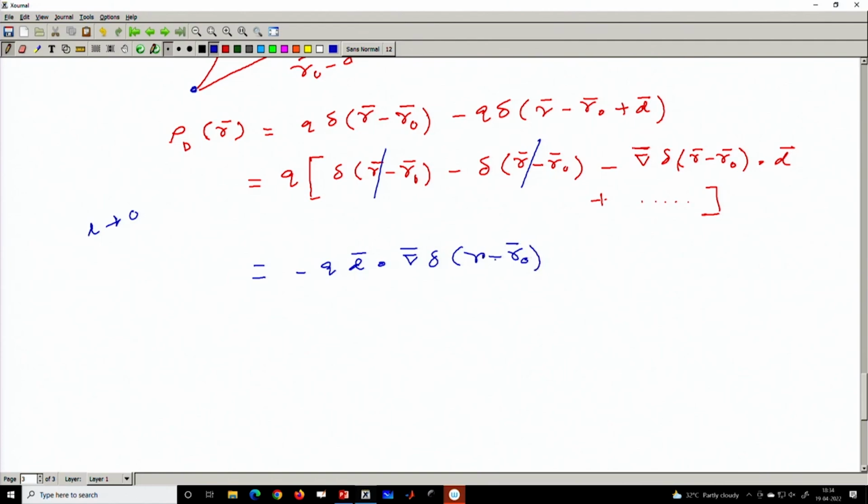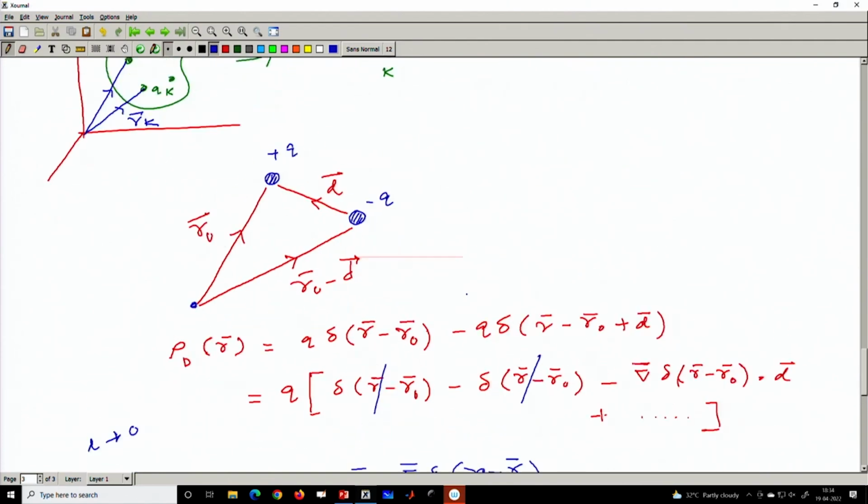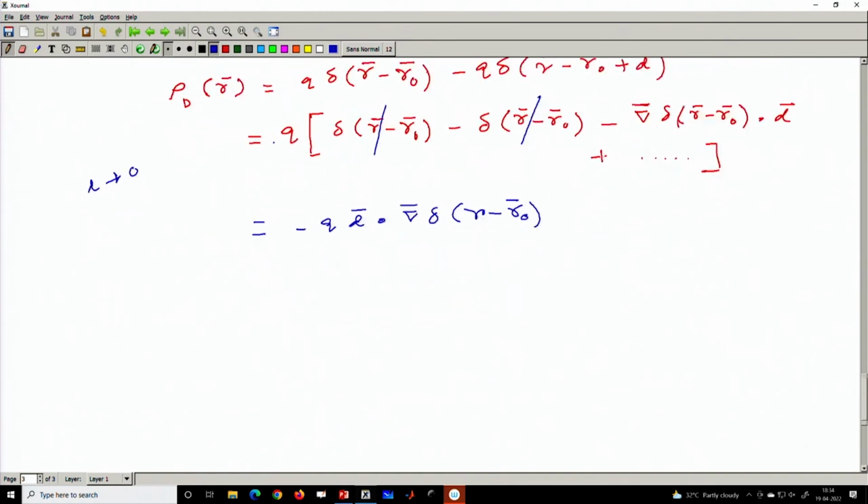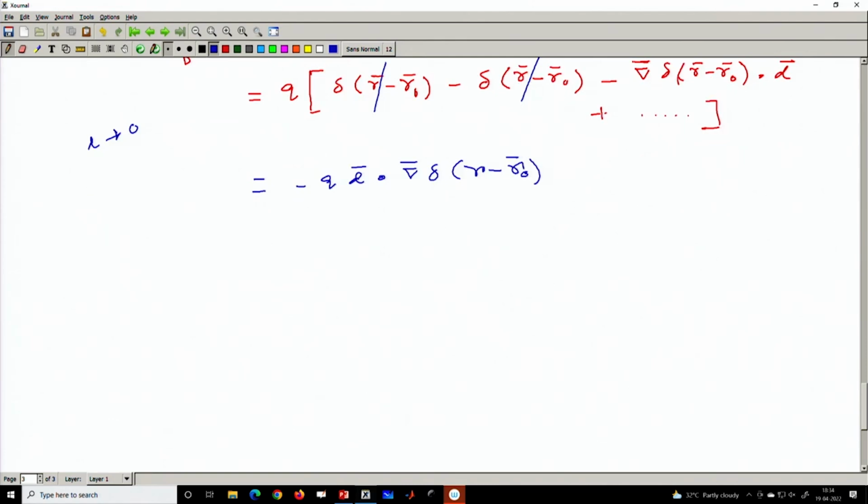Since d is almost 0, the two charges are located almost at r0, so r0 becomes the position of the dipole, and based on that I can write an expression for the charge density of the dipole.